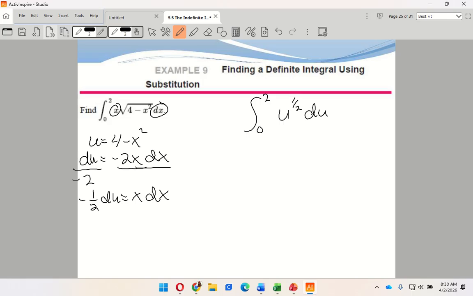Oh no, wait, no. Oh, it's integral. So instead of doing the whole u with the indefinite integral. Yeah. But there's two ways of doing this.